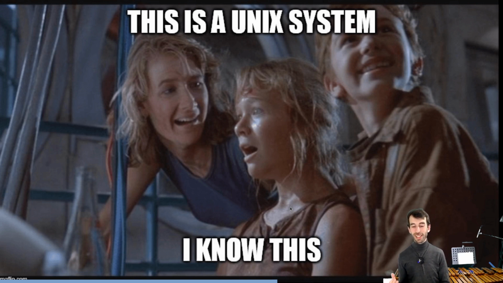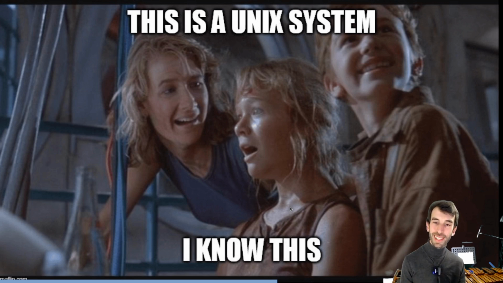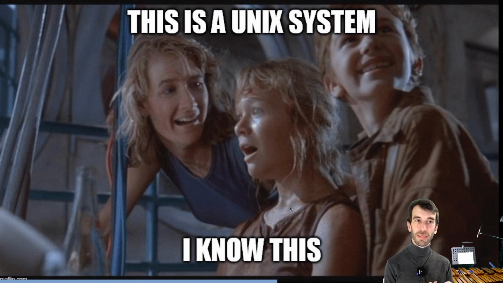Well, Unix is two things. It was an operating system developed and sold in the 70s and 80s. It doesn't really exist now as something you can buy, but it's served as a standard way of doing an operating system that's been inherited by a lot of other operating systems.